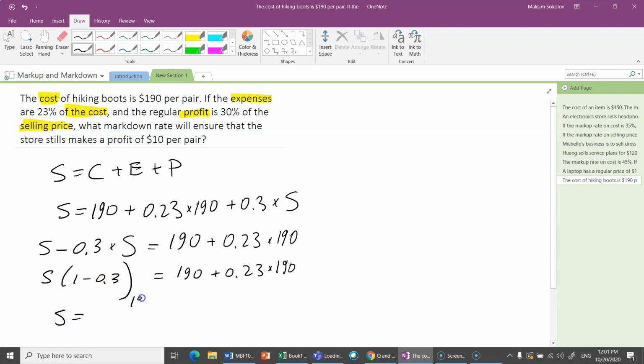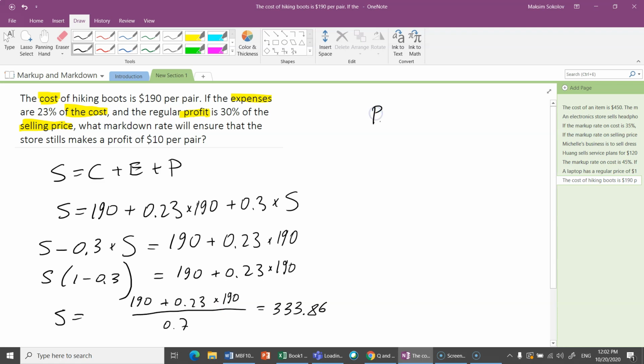So it will be a fraction. 333.86. That's our selling price S.